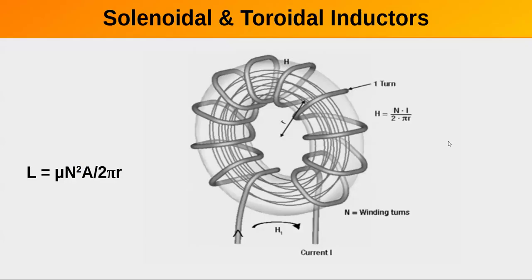Of course, obviously, there's a limit to how big they can be for a given toroid. What's A? A is the area. Area of the coil. And there's one turn, you've got a circle, the area of that circle. And as you increase that, the inductance increases.